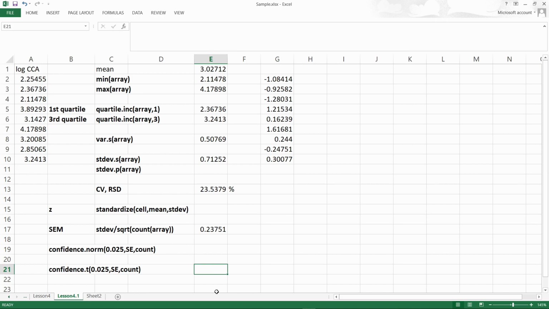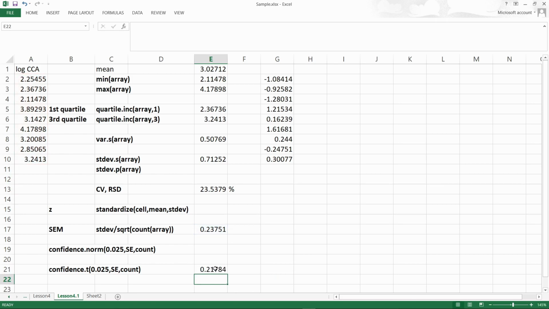From here, we can calculate the 95% confidence interval for t-distribution by using the following formula: 0.025 for two-tailed tests, then the standard error here, and the count, we can always do this to get the count.